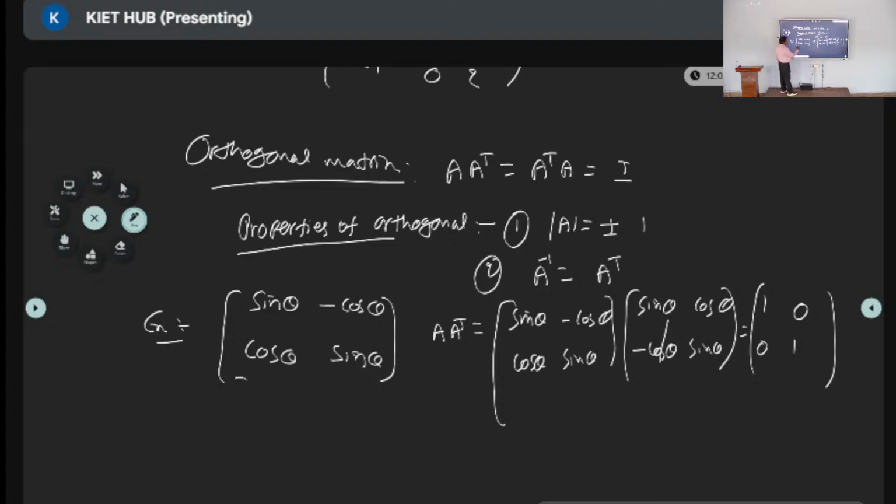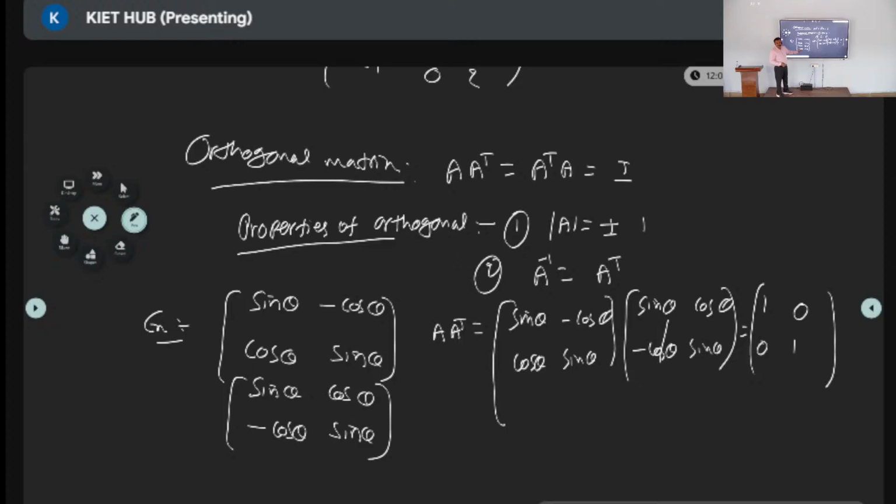So that is an example. What are the other examples for an orthogonal matrix? Listen. Take its transpose: sin theta, cos theta, minus cos theta, sin theta. This is also an example.